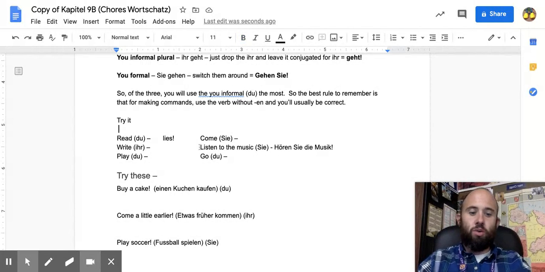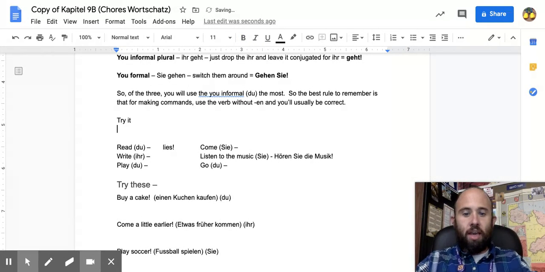I just told you it's the stem, the part without -en, but sometimes those will make changes. Like lesen, to read. The stem is les.